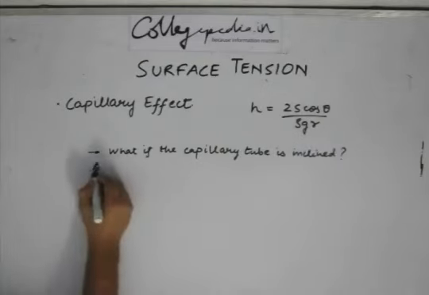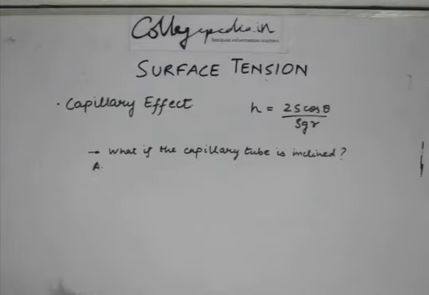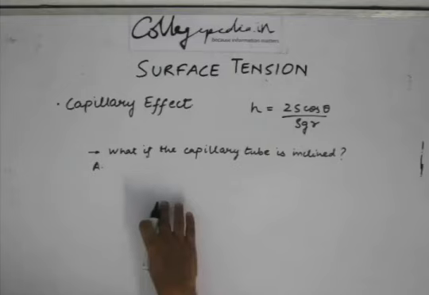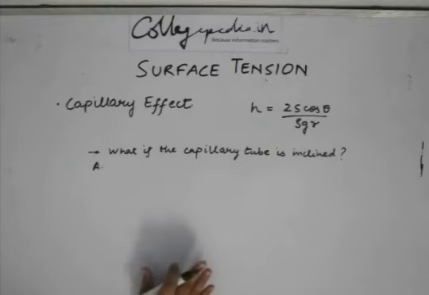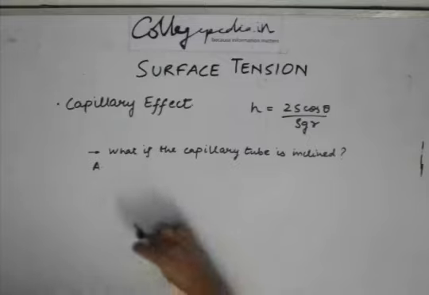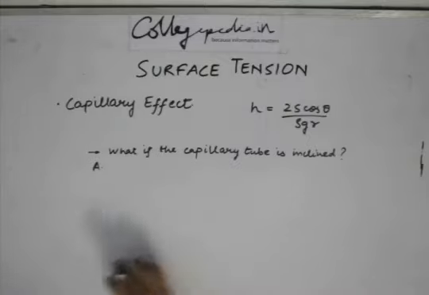The answer to this is the effects will be similar, the vertical height attained by the capillary will be the same. The only difference that will come is the length along which the capillary tube is placed.